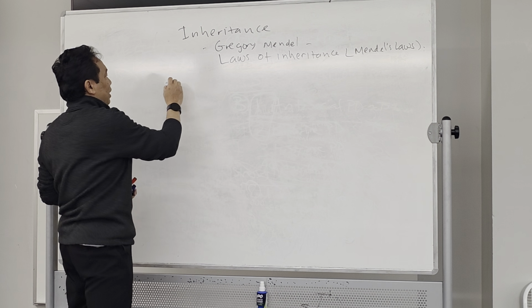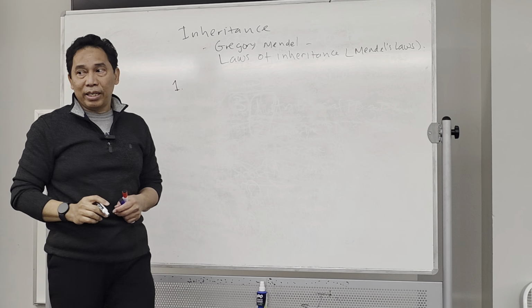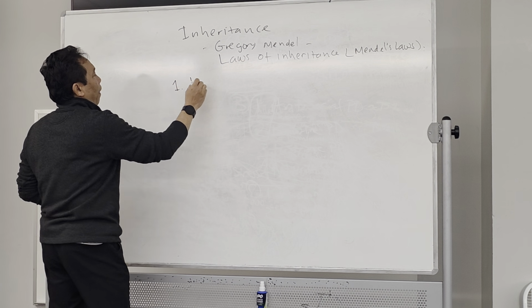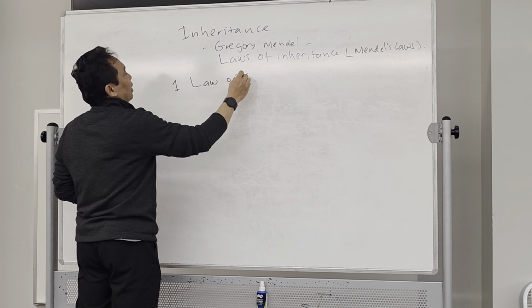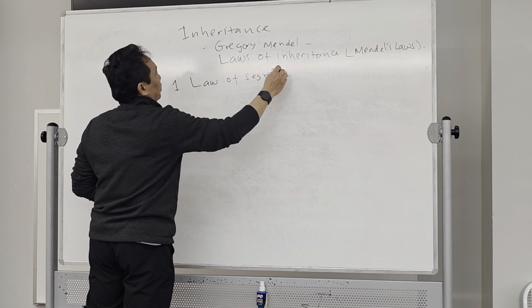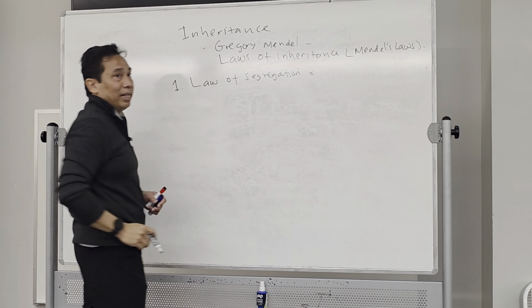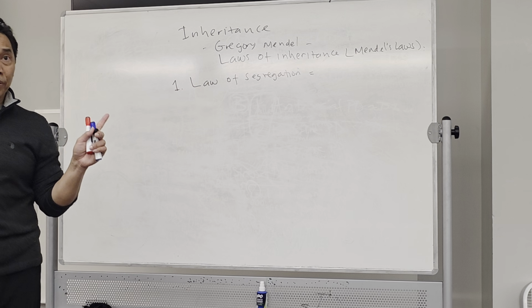Mainly there are 3. The first one is called the law of segregation. So what happens in this law?